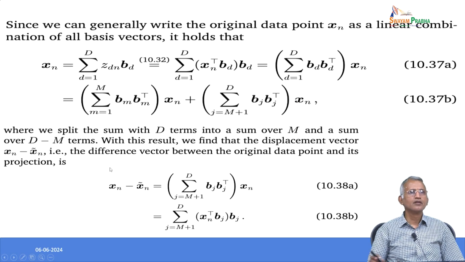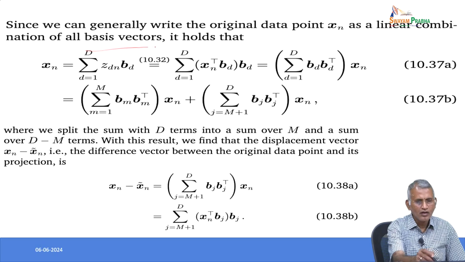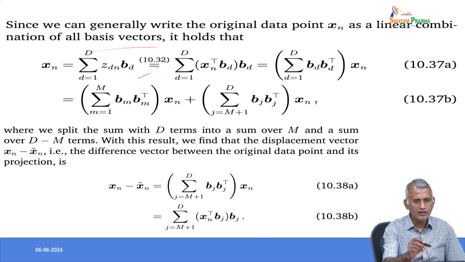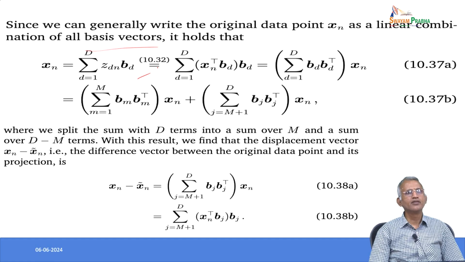So, since we can generally write the original data point x_n as a linear combination of all basis vectors, it holds that x_n equal to summation d equal to 1 to D z_dn b_d. According to 10.32, we can write z_dn as x_n transpose b_d into b_d, where d varies from 1 to D. So, after simplification, b_d transpose x_n will come.